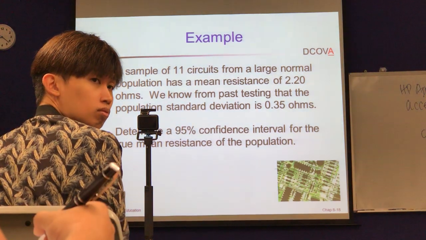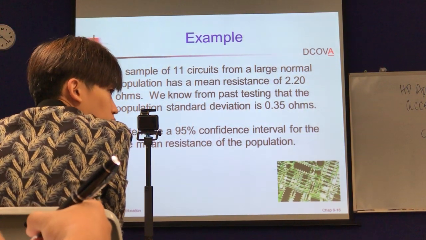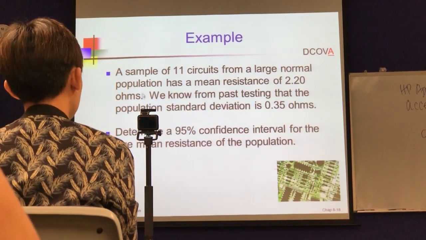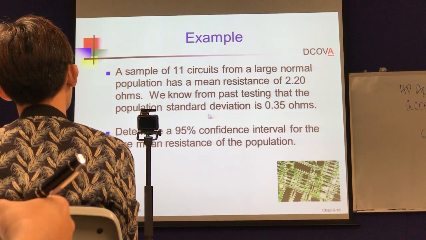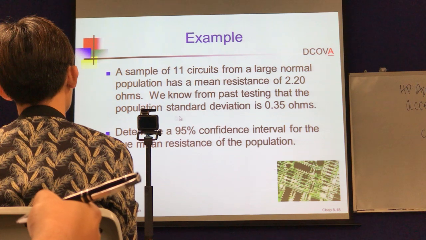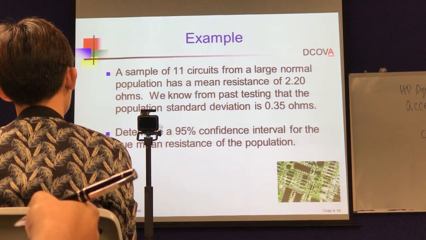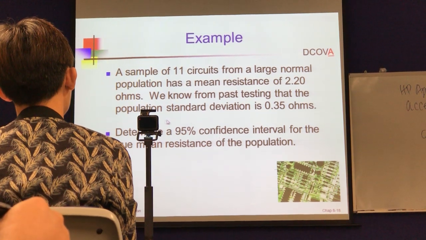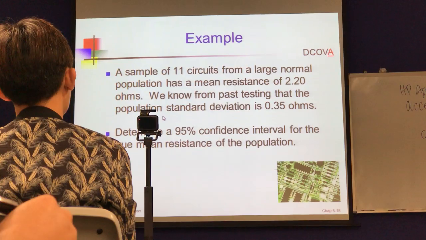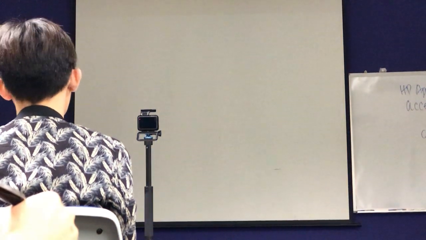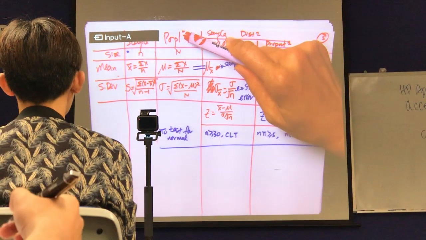We know from past testing that the population standard deviation is 0.35. What's the notation for population standard deviation? Sigma or S?